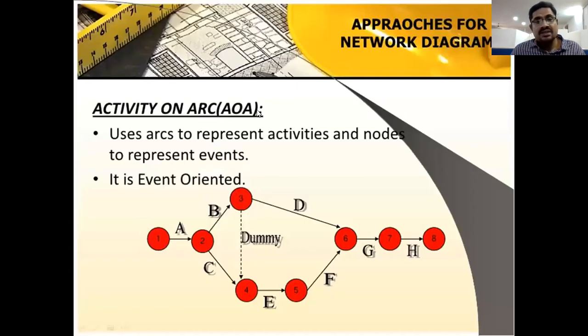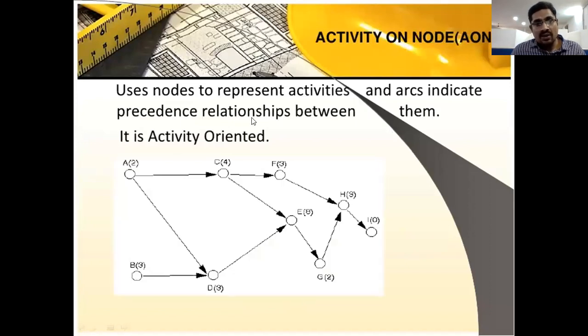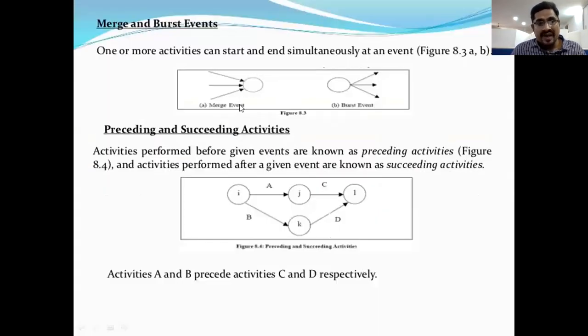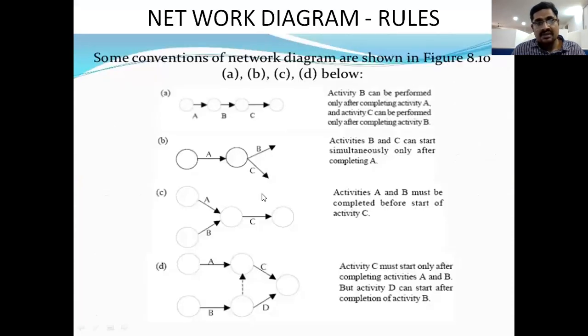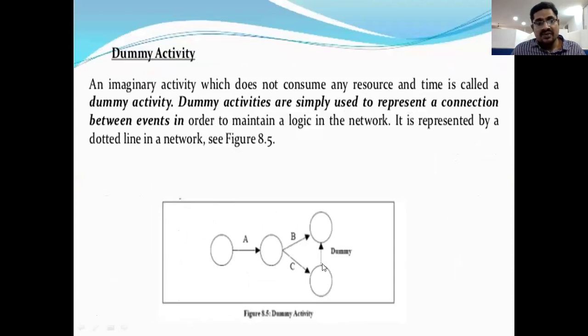And then we discussed AOA, activity on arc, and activity on node, merge events and burst events, and preceding activities and succeeding activities. These are the few connections. And next we discussed dummy activities. This dummy activity indicates the dotted arrow. It has no resources, no time, and no name also.